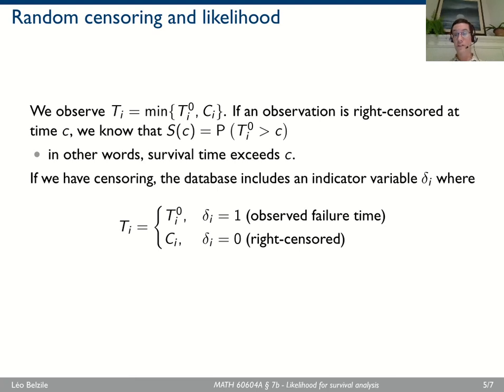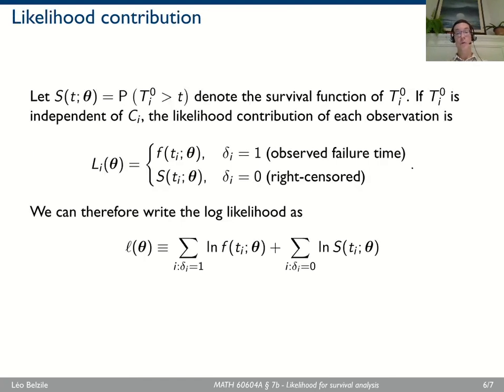So the person, for example, died, or the unemployed person found a job. The time you see is the true time. Or delta is 0, an indicator of right censoring. That means the time must exceed this value. I don't know precisely, but it's at least that. So just be aware, the time you see might be a lower bound of the actual time.